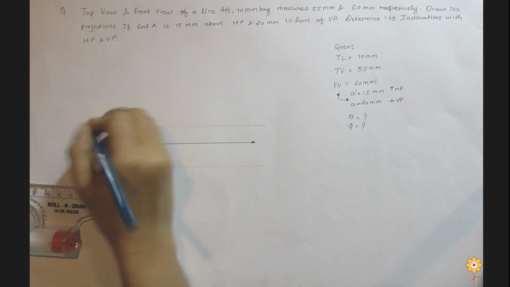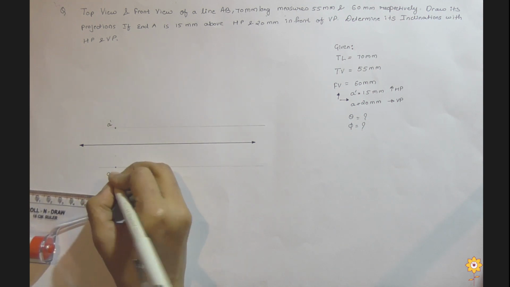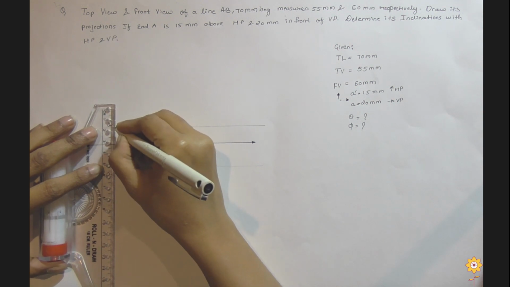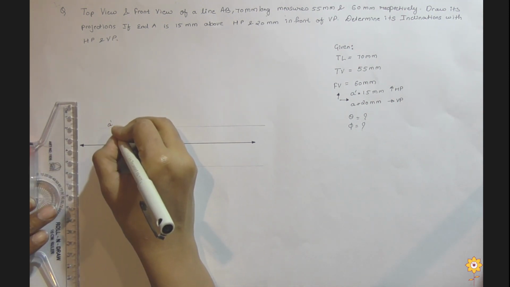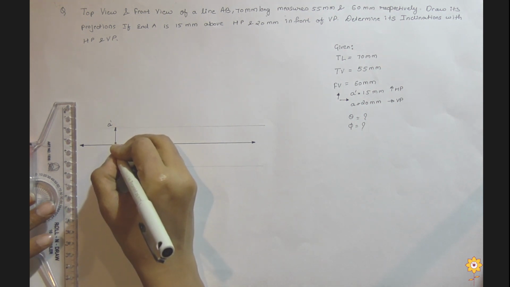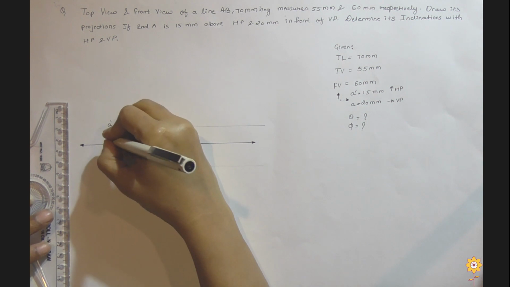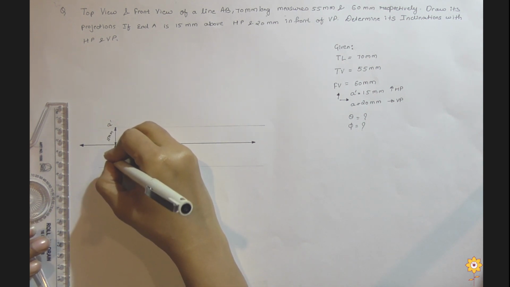So these are the locuses. This is my A dash and this is my A. I'll write the dimensions: this is 15 mm and this is 20 mm.